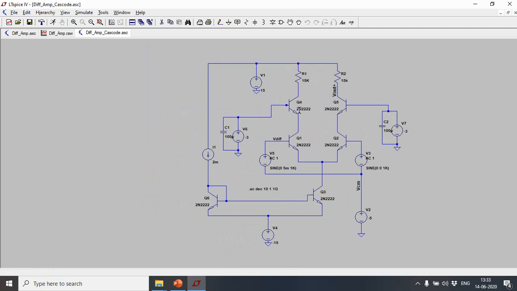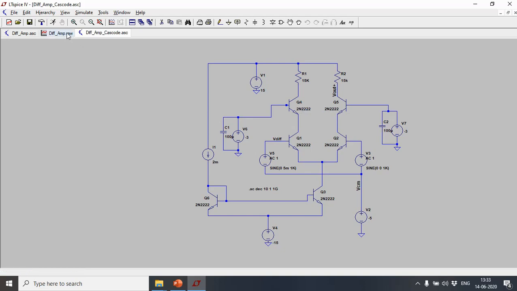Like we have learnt about the common base amplifier in tutorial number 3, we learnt about the cascade amplifier, how it is going to improve the frequency response. So this is how we do a cascade differential amplifier, where the cascade is used to improve the frequency response.